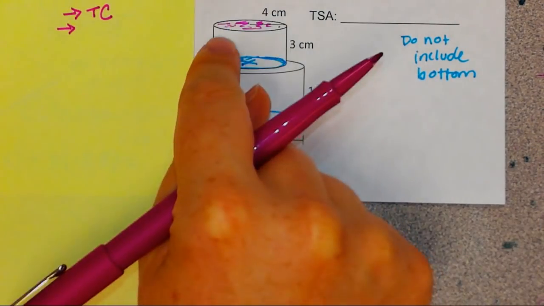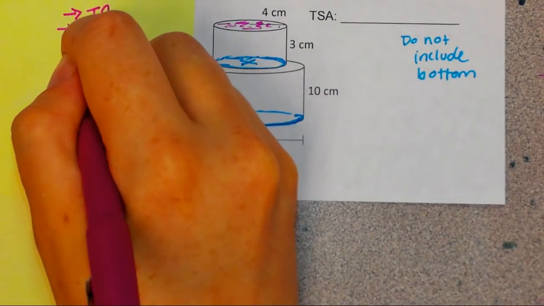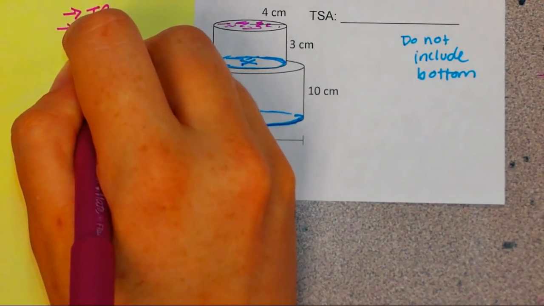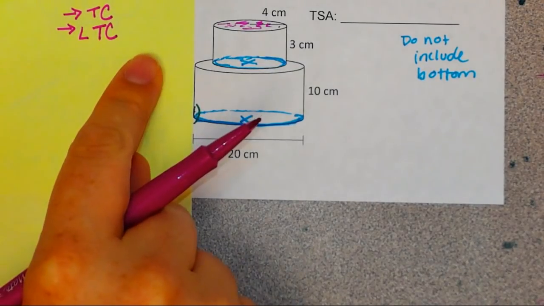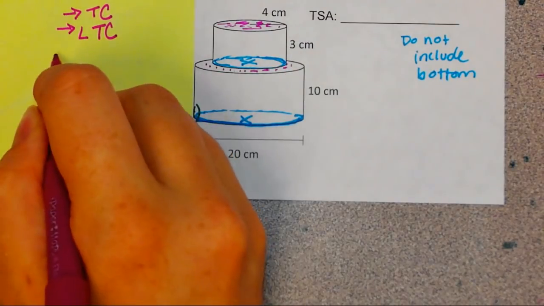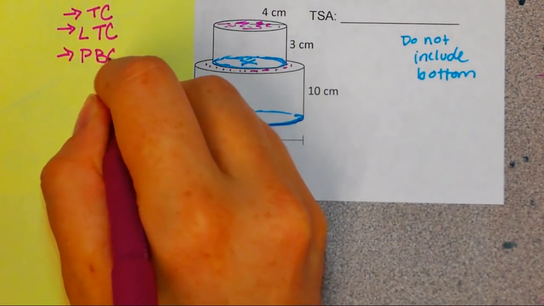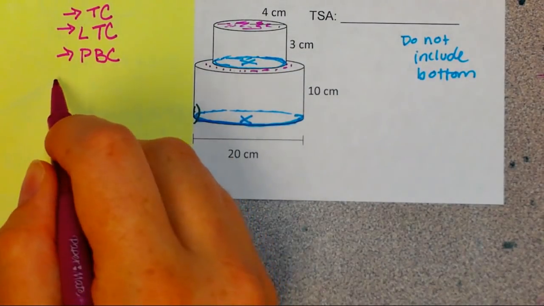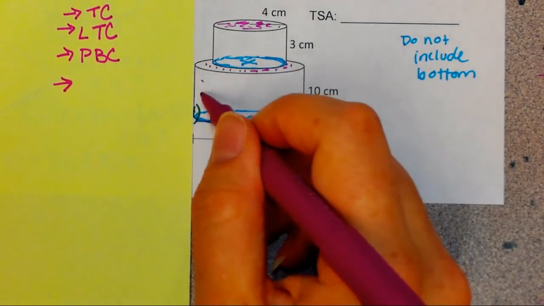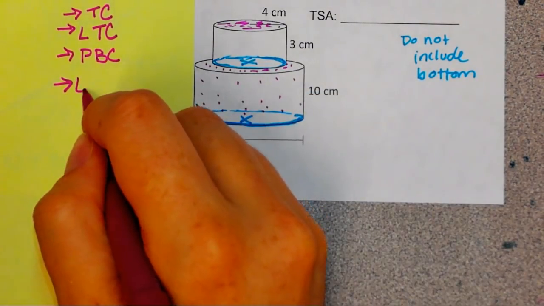Then I'm also going to include this lateral part of the little cylinder. So I'm going to do lateral of top cylinder. I've got this partial stuff that's showing, so partial of the bottom cylinder. And last, I want to include the lateral stuff of the bottom cylinder.